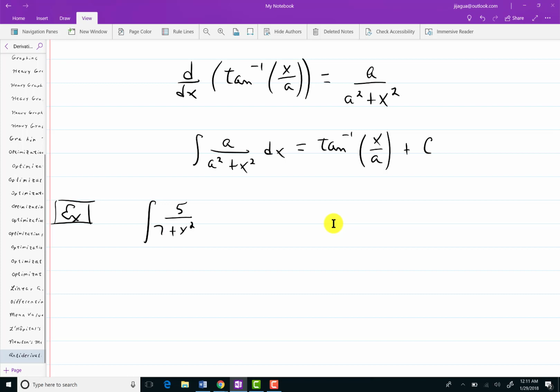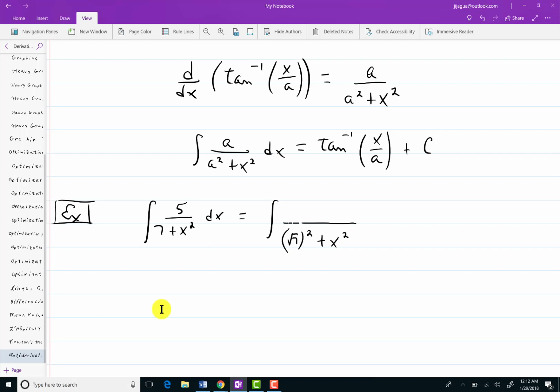Suppose I have the integral of 5 over 7 plus x squared dx. Now if you look, if my a is 5, well my a squared is wrong, so I somehow got to fix this stuff. The 7 is, okay, now what I can do is rewrite the 7 as radical 7 squared.